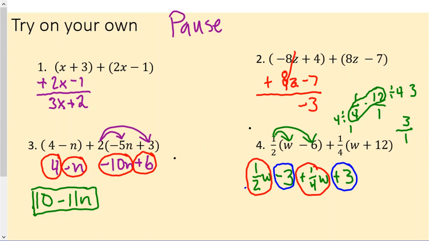So if we multiply this by 2, we would get 2/4 plus 1/4, which would be 3/4. And then we have minus 3 plus 3, those would cancel out. So we would just be left with 3/4 w.